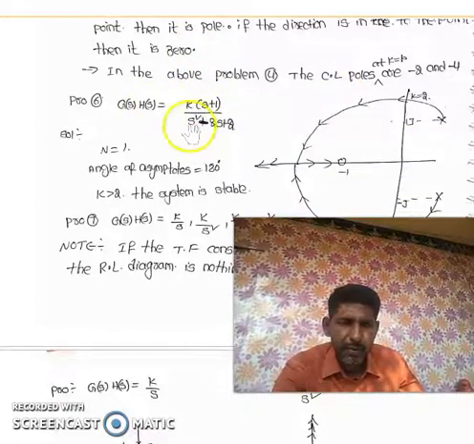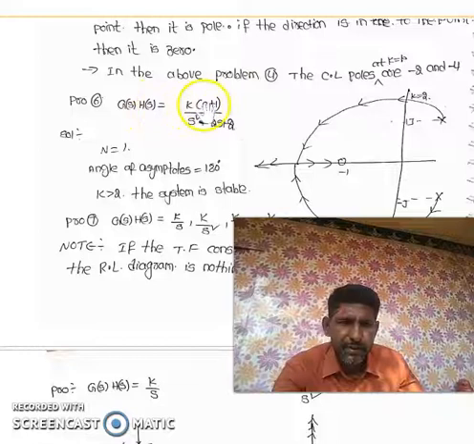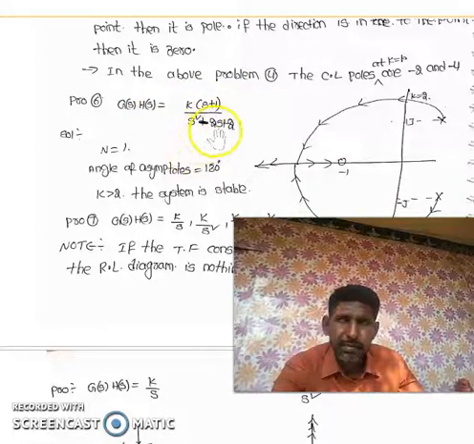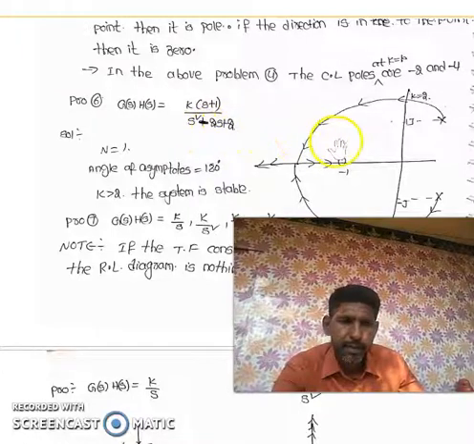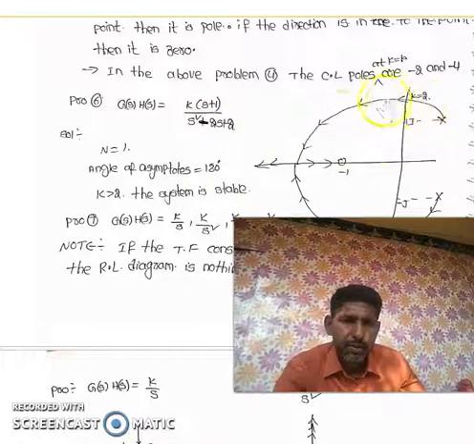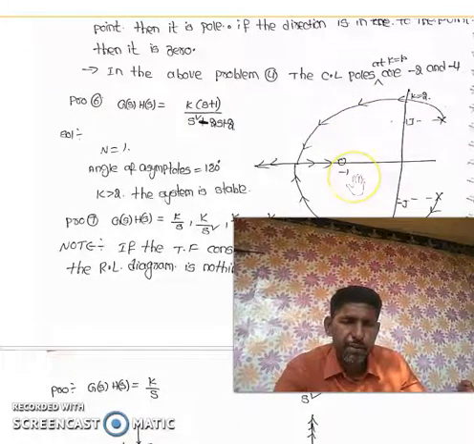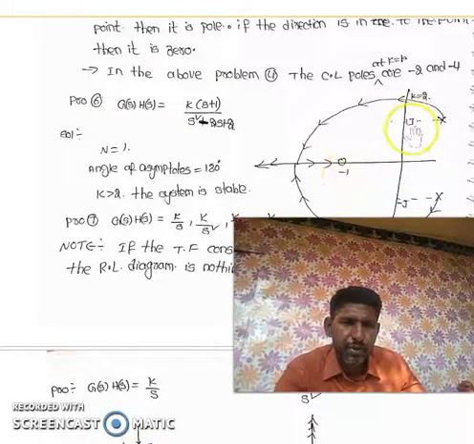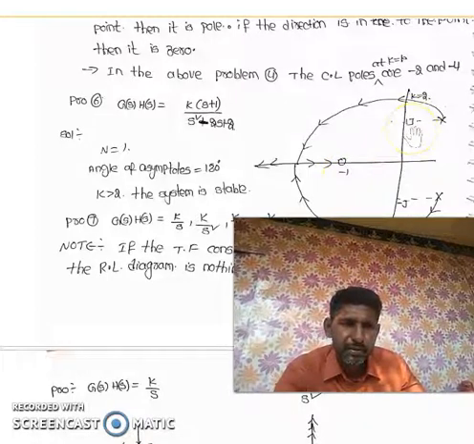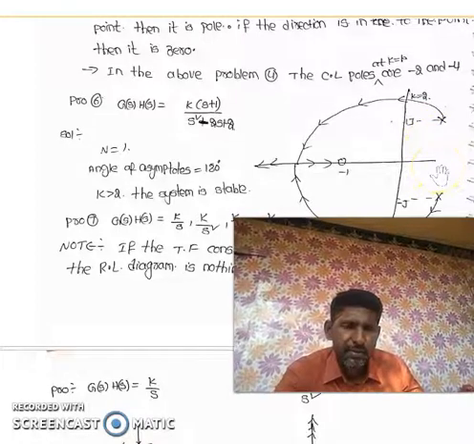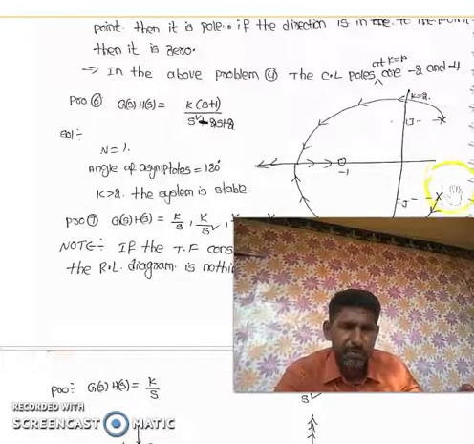One more problem is G(s)H(s) equal to k into (s plus 1) divided by s square minus 2s plus 2. Here one zero is present and two poles are present. The zero location is minus 1. The pole locations are plus 1 plus 1j, plus 1 minus 1j.